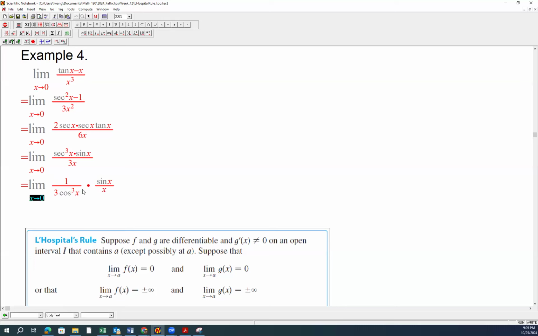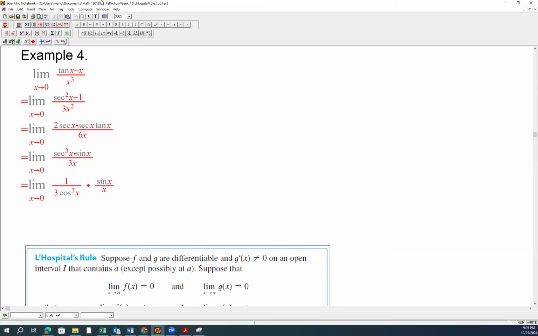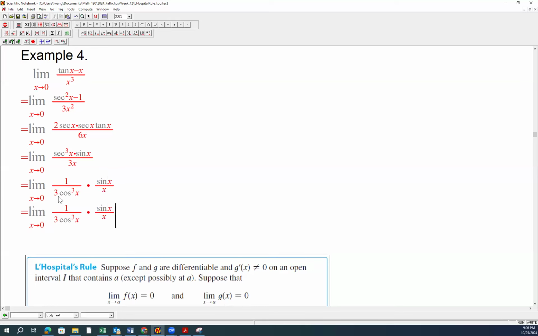Well, x approaching 0 is just a direct substitution. And this piece has a limit, so we can apply limit law. Applying limit law means that we're going to take the limit separately.